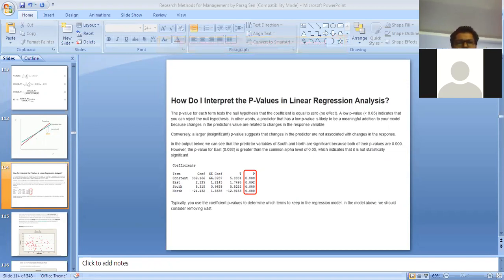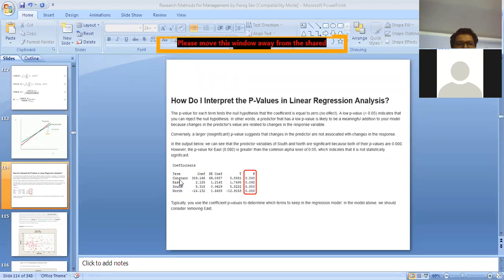For example, here you can see a slide called how do I interpret the p values in linear regression analysis. You can see that the constant term is given, and the coefficients of east, south, north are also given.